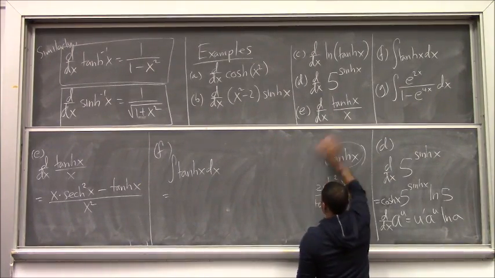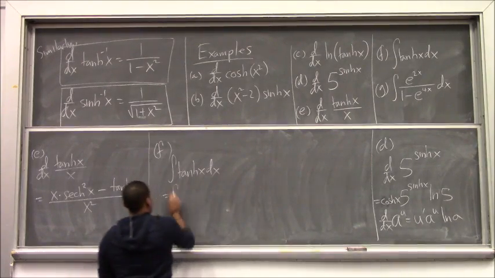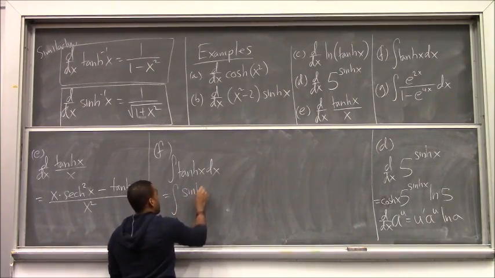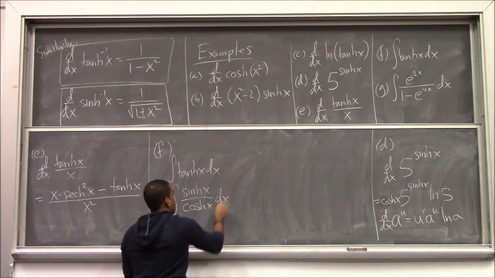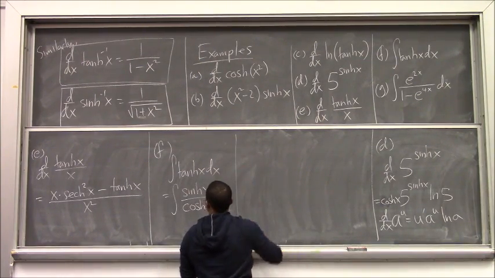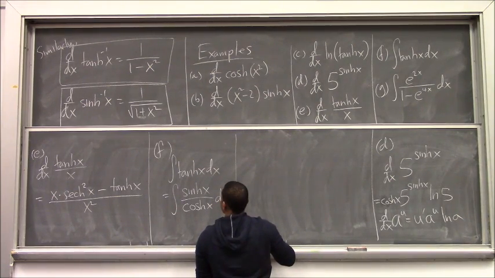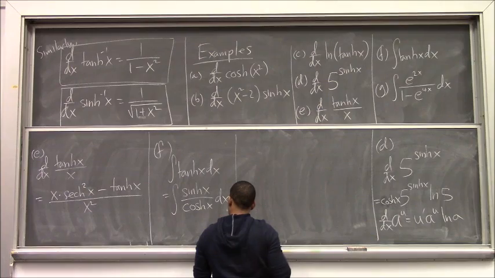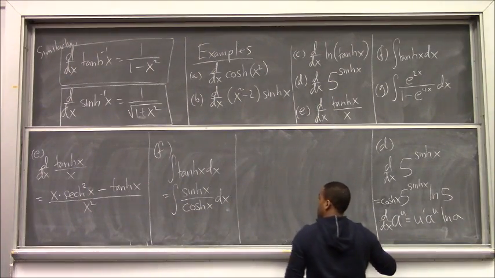Can't you turn it into sinh over cosh, and then substitute? It's an identity. The definition of tangent is sinh over cosh. Now what? You can substitute sinh x for u, and then take the derivative of that for cosh x. No, sorry, it's the other way, right?